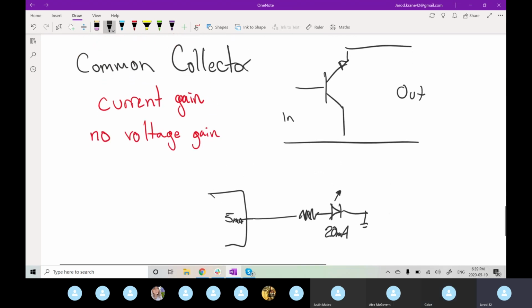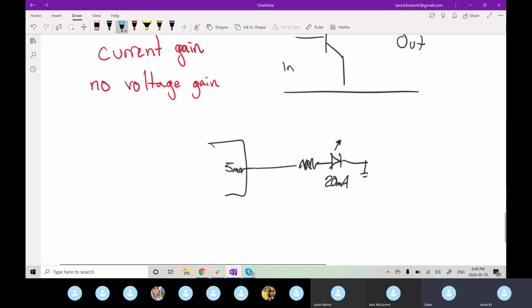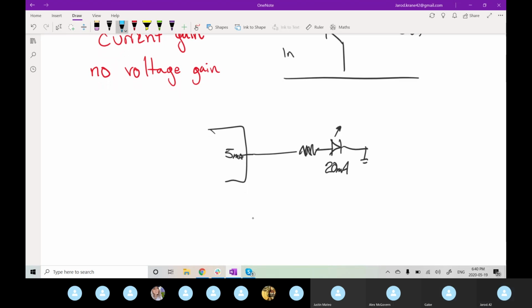So what we can do is throw a transistor in the loop, so we can now pass it through to boost the current and actually be able to turn on our LED.